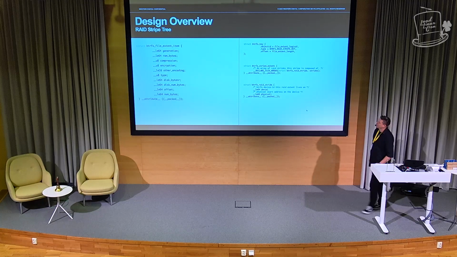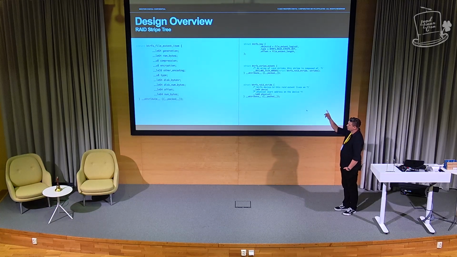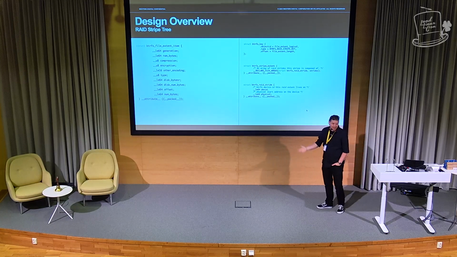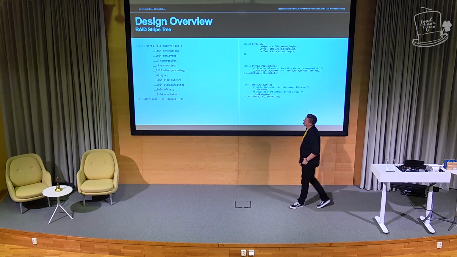So there's the mapping of the file extent item. And last time I presented this, there was encryption in that. It's an unused field. I'm sorry, but it is what it is.